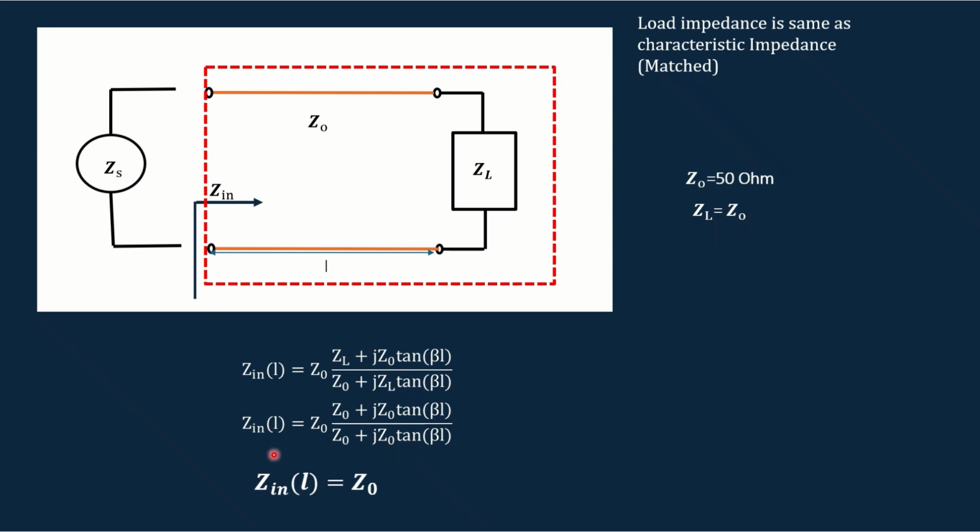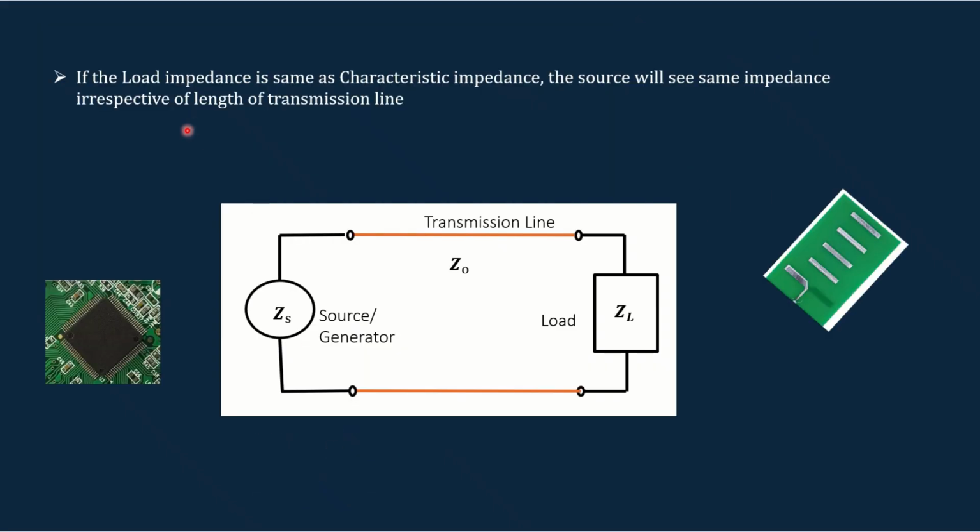That means the input impedance will always be equal to the characteristic impedance Z0. So if the load impedance and the characteristic impedance are the same, the input impedance will always be constant irrespective of the length of the transmission line.